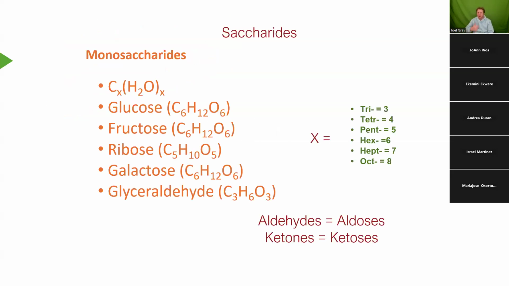Our first piece of information is terminology. Whenever we talk about sugars, we're talking about the most basic or simplest forms. The most basic or simplest form of a sugar is known as a monosaccharide. A saccharide is a general term for sugars.